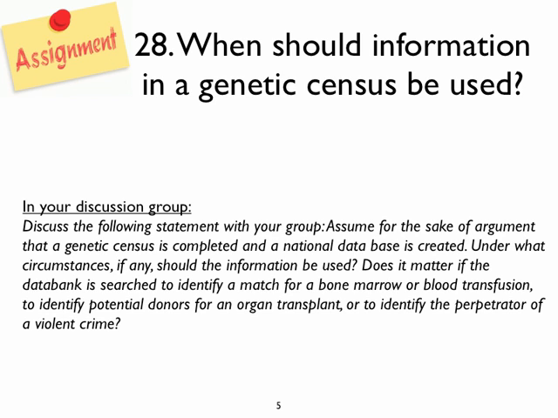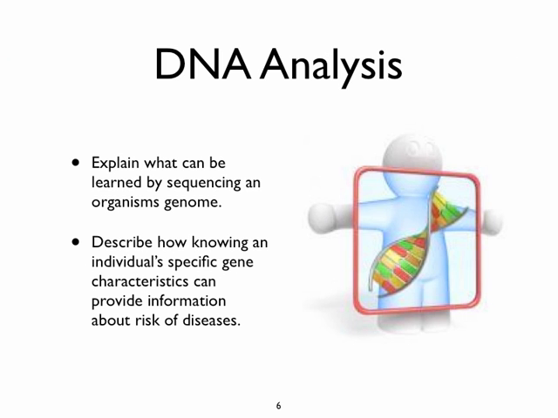So understanding how we get to the very specific details within the DNA, what can be learned about what's possible for that individual. And related to that is this concept of gene patenting.